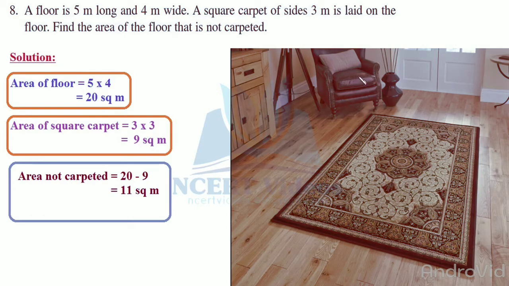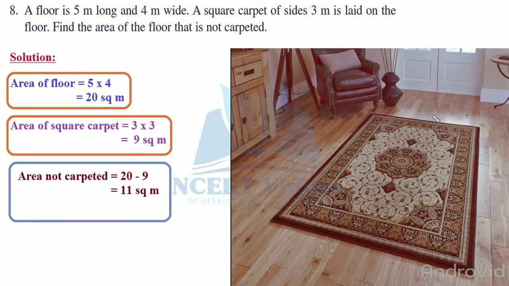So when you lay your carpet on the floor, some area is not covered. So we have to find non-covered area. This is covered area with the carpet, and we have to find this one, which is not covered.